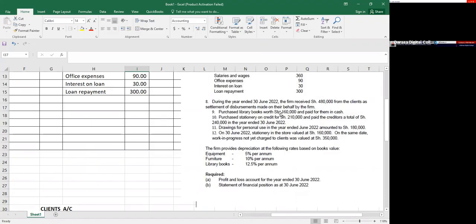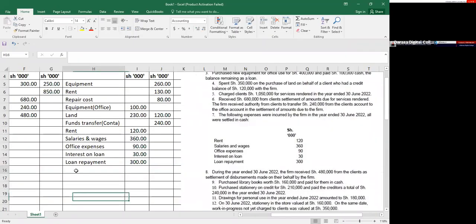Then the other key element here, number 9, purchase library books worth 160 and pay them in cash. So we're having library books 160. We debit the library books account and we credit our cash book account, office column.